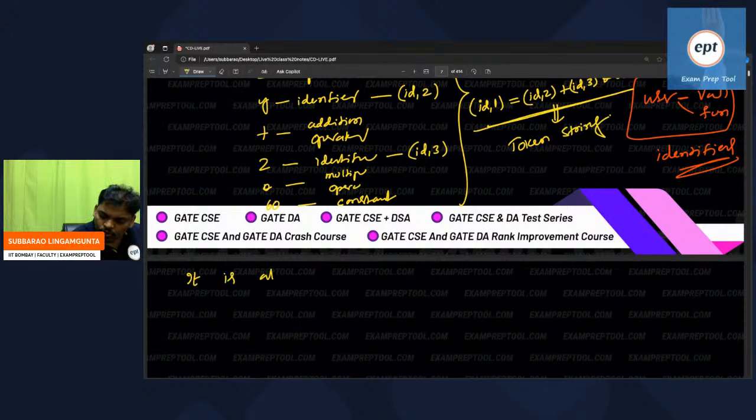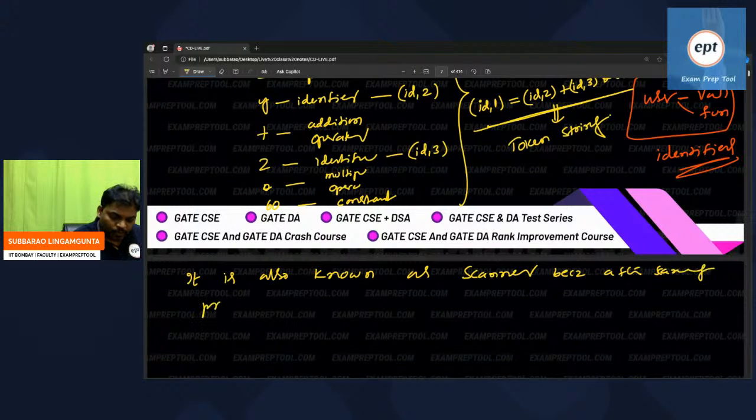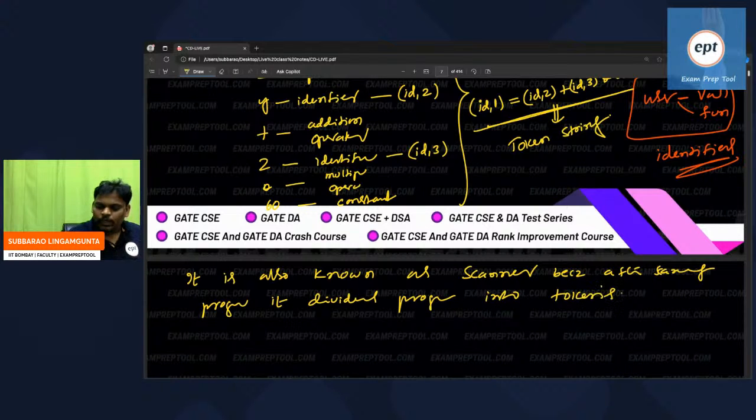It is also known as scanner because it scans the program, and after scanning the program, it divides the program into tokens.